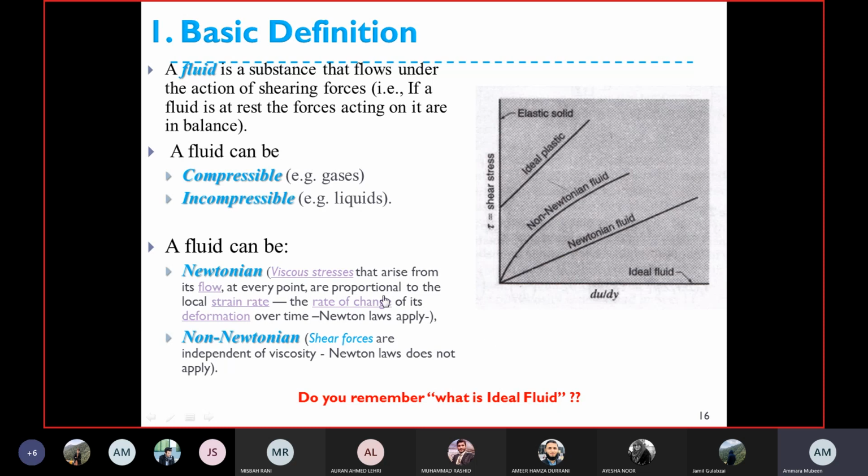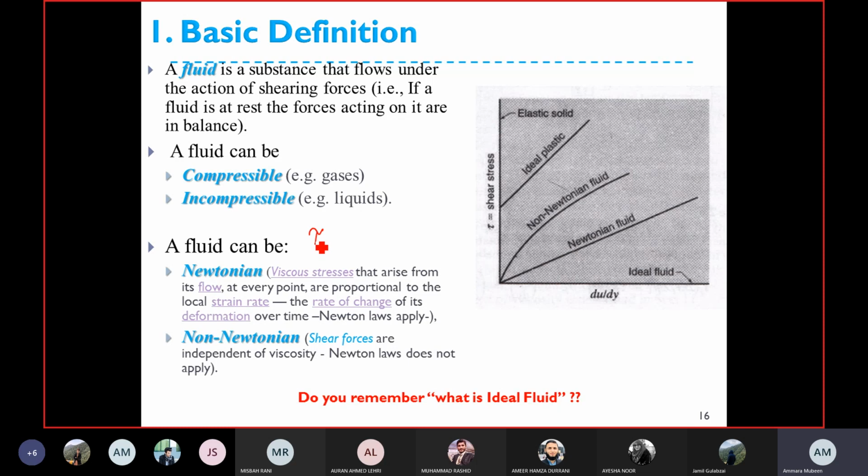So, according to Newton's law of viscosity, Newton's law of viscosity is applicable to Newtonian fluid. So, what is Newtonian fluid, or how it is defined?